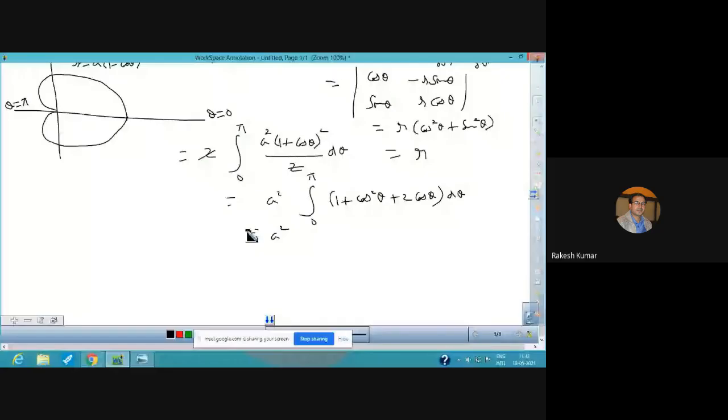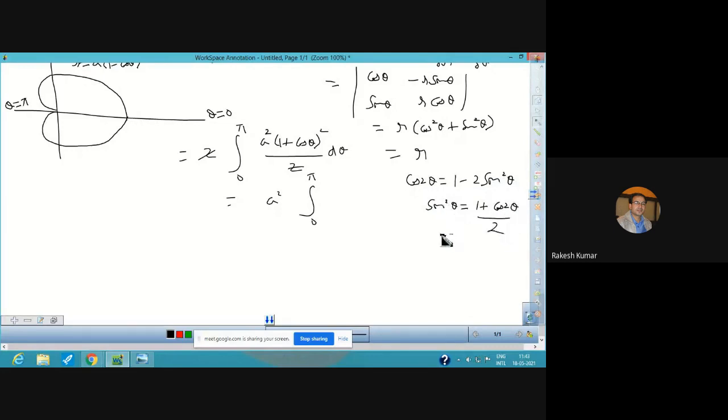There is another method of integration. You can apply that also. Just see what the method is. This is 1 plus cos theta. This is the formula of cos 2 theta actually. The formula for cos 2 theta is 1 minus 2 sine square theta. So sine square theta is 1 minus cos 2 theta upon 2.